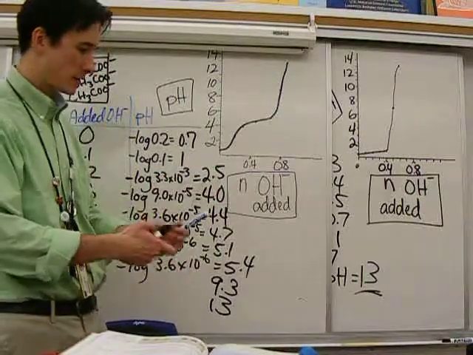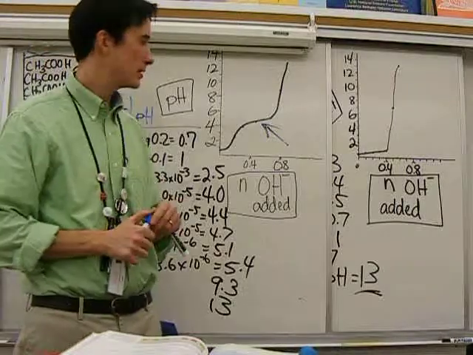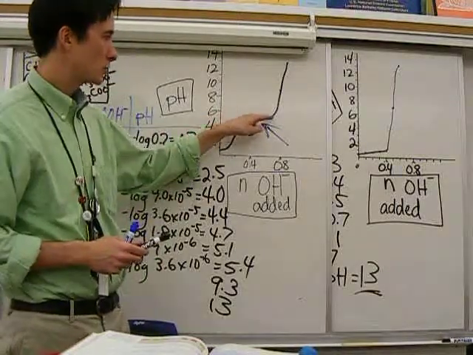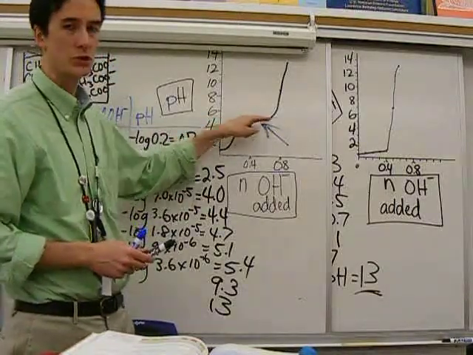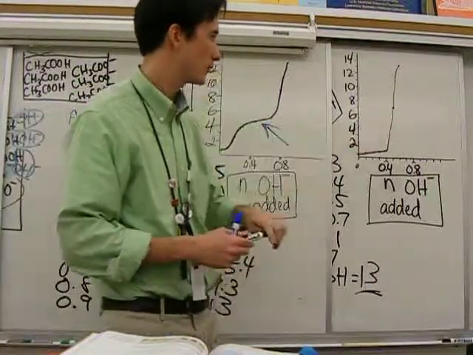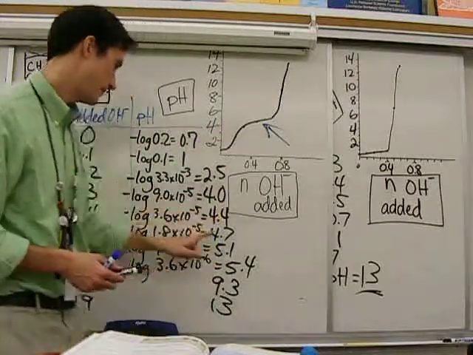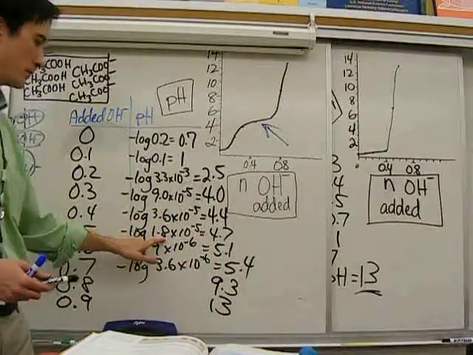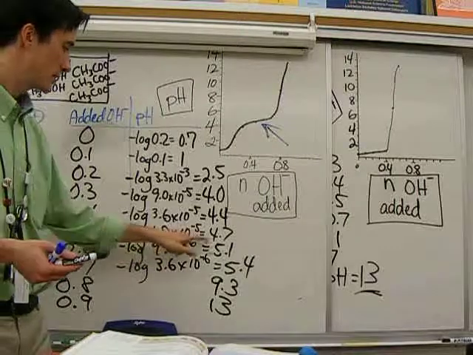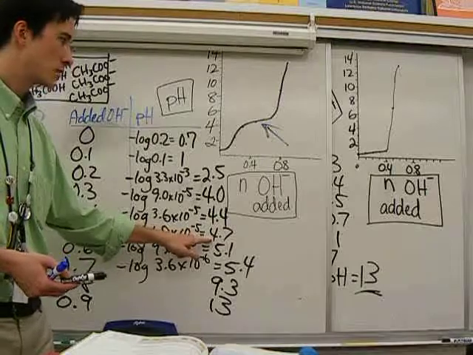So what's the importance here? It is this area. That plateau shows a very small change in pH compared to this. If we look at pH of 4.7, that's where pH equals pKa. Remember the 1.8 times 10 to the negative fifth, pH was 4.7.